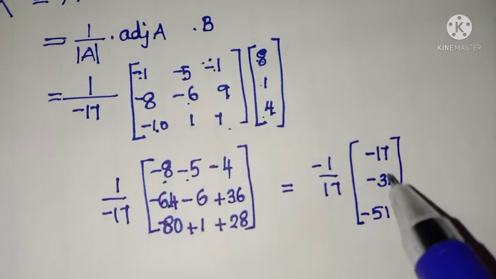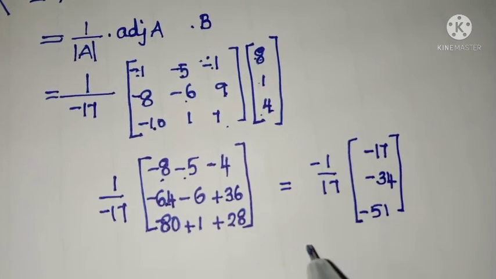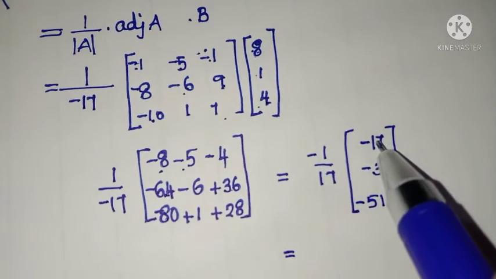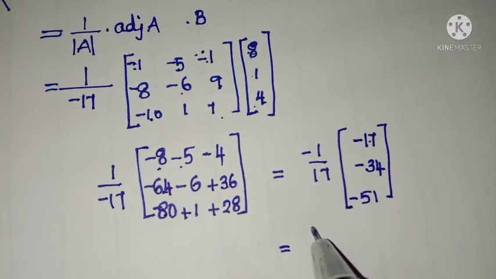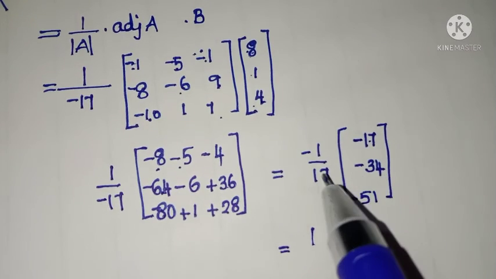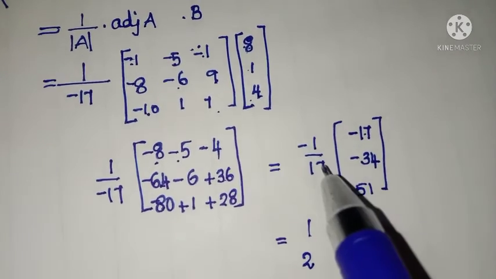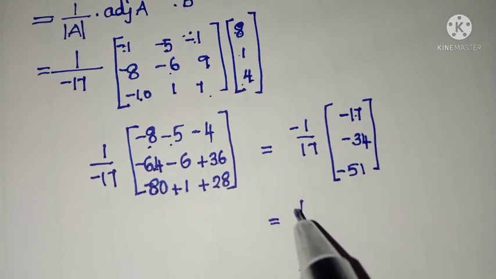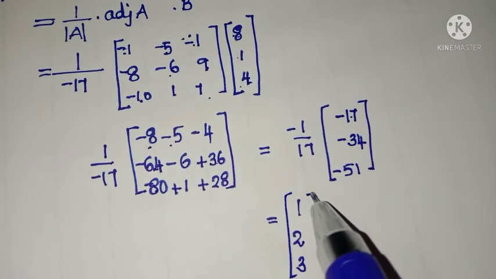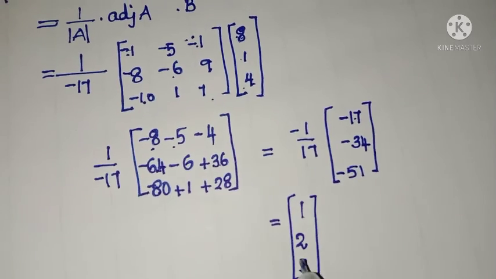Now divide these entries by negative 17. Negative 17 by negative 17, 1. Negative 34 by negative 17, 2. Negative 51 by negative 17, 3.